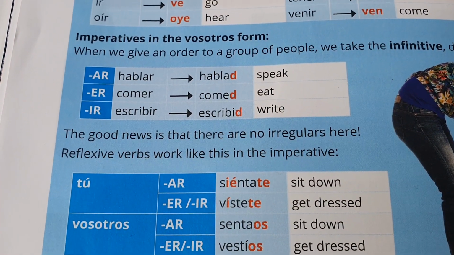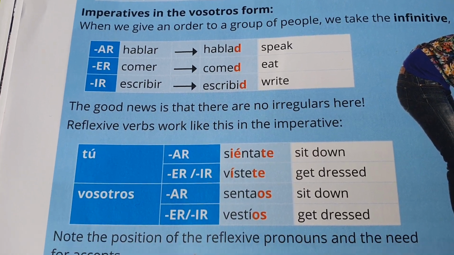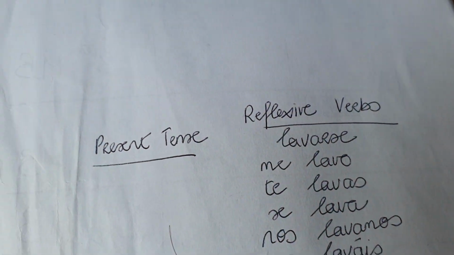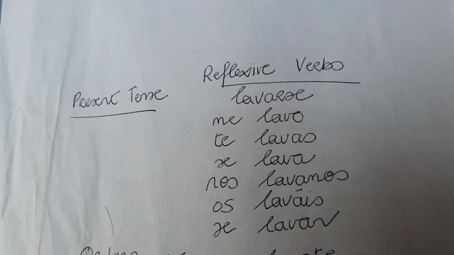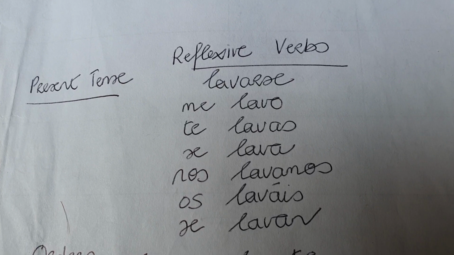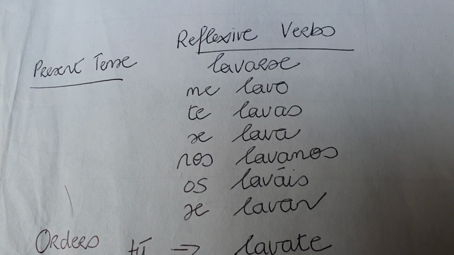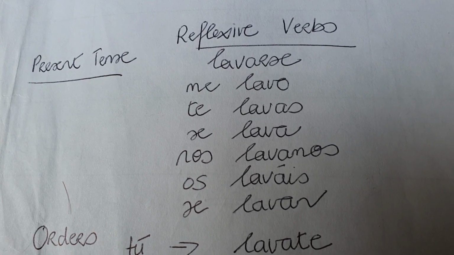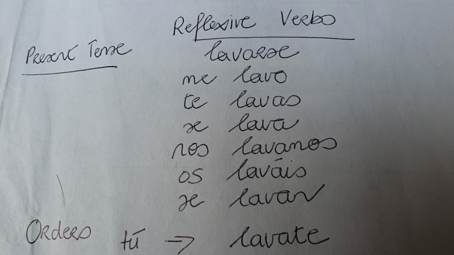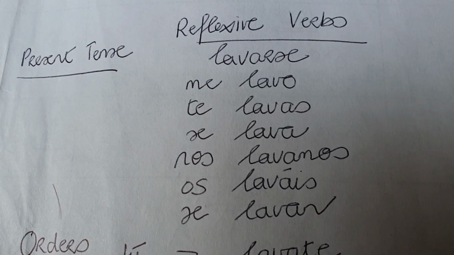Good news, there's no irregulars with the vosotros, you plural form, but we do have reflexive verbs that are a little bit tricky. So we know our reflexive verbs are verbs that we do to ourselves. So for example, lavarse is to wash oneself. And in the present tense, I wash myself, me lavo, you wash yourself, te lavas, he washes himself, se lava, we wash ourselves, nos lavamos, you plural wash yourselves, os laváis, and they wash themselves, se lavan.